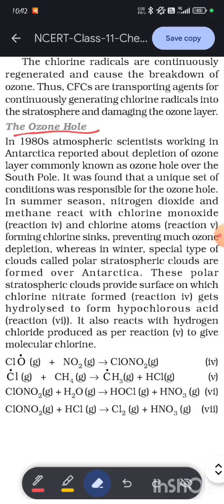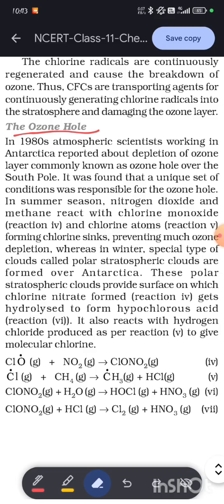In summer season, nitrogen dioxide and methane react with chlorine monoxide and chlorine atoms, forming chlorine sinks, preventing much ozone depletion, whereas in winter, a special type of clouds called polar stratospheric clouds are formed over Antarctica.